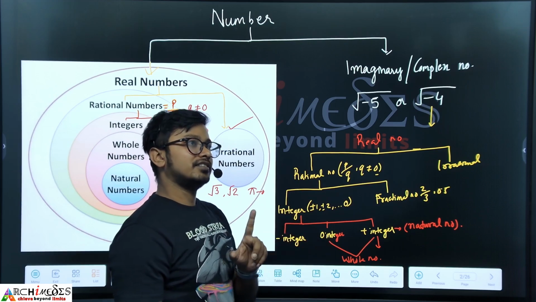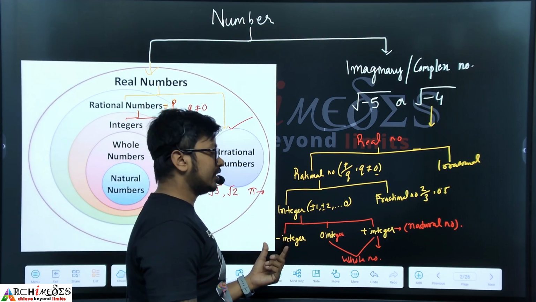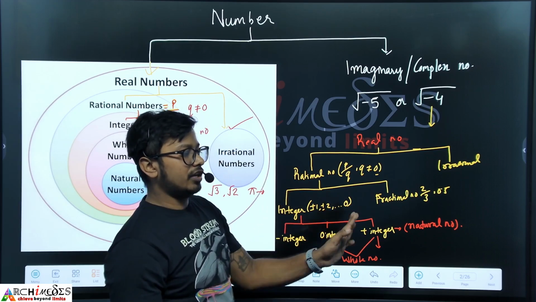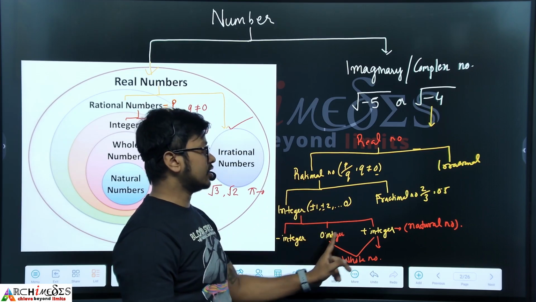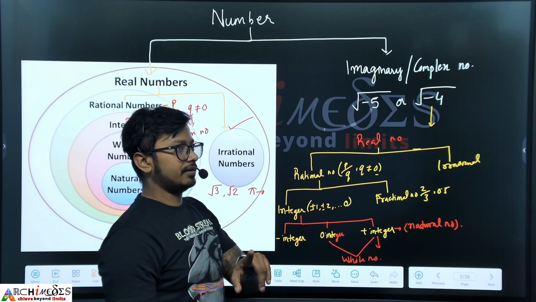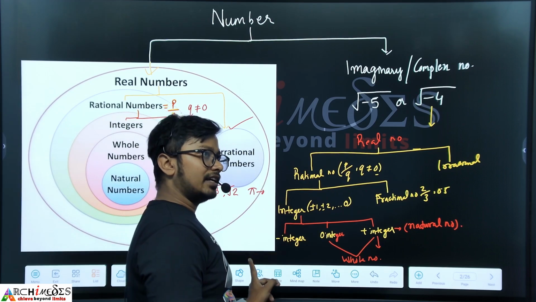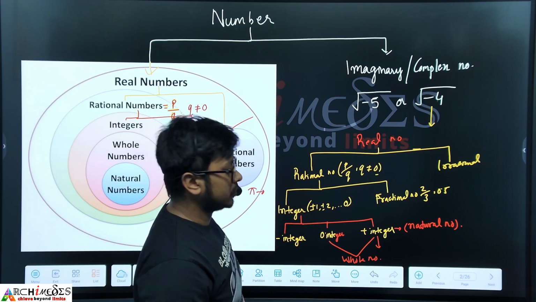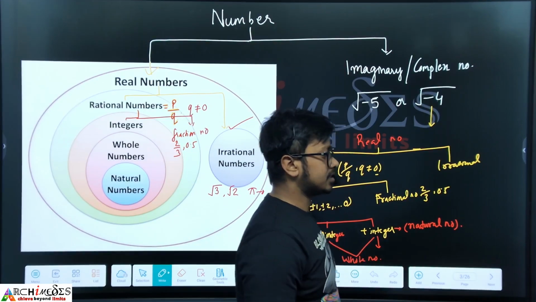This is very important, because everybody thinks that non-negative means positive. No, non-negative means every integer except the negative ones, so it includes 0 and the positive integers. Similarly, if they say non-positive, it implies negative and also 0. Any doubt? Okay.